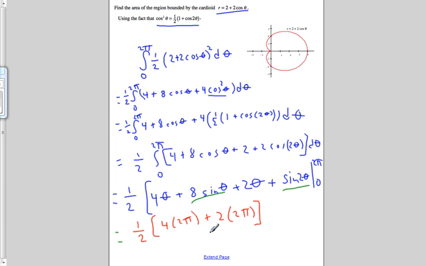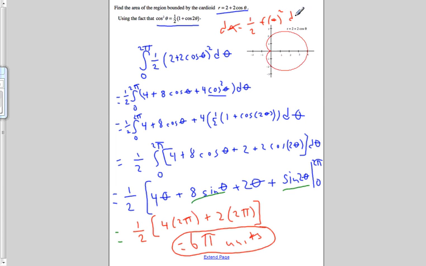And that simplifies to 6 pi units. So that's the area of the cardioid, and we found that area using the fact that a little chunk of area equals 1/2 f of theta squared d theta, and integrating it from 0 to 2 pi.